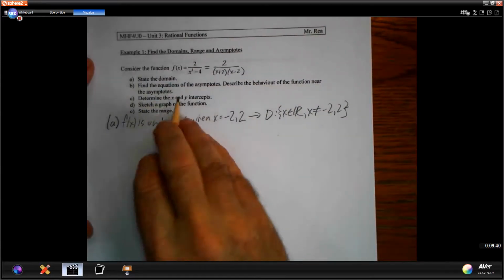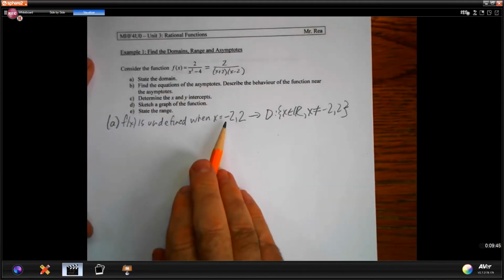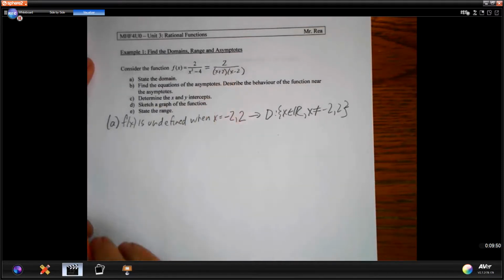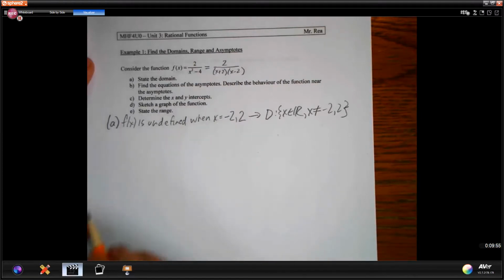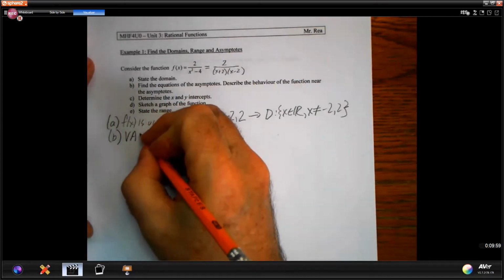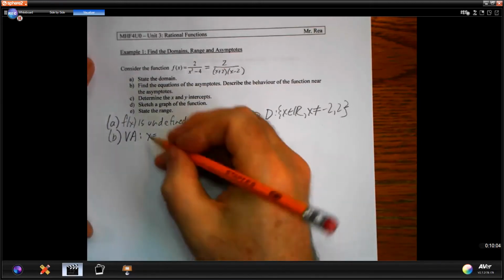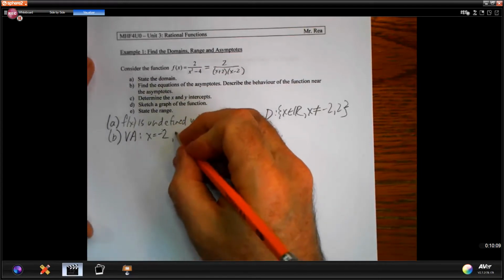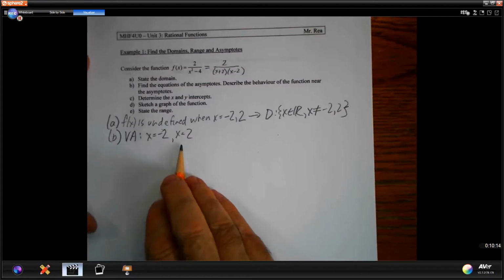Now the second part is to find the equations of the asymptotes. Well, that's a direct relationship with the domain. In this case, the domain can't be these 2 values because it makes the denominator 0, but these are the 2 equations of the vertical asymptotes. So vertical asymptote, remember it's VA, x equals -2 is the vertical line for the first asymptote, and x equals +2 is the vertical line for the second asymptote.